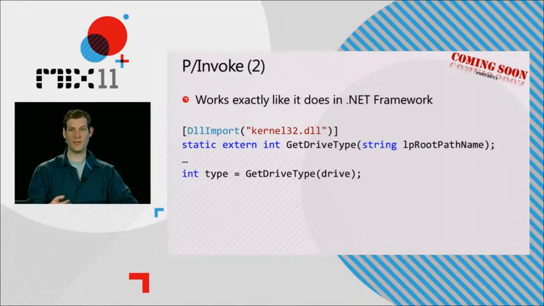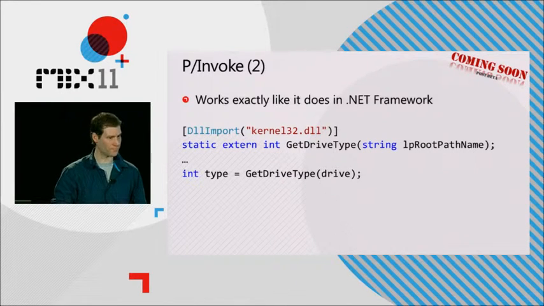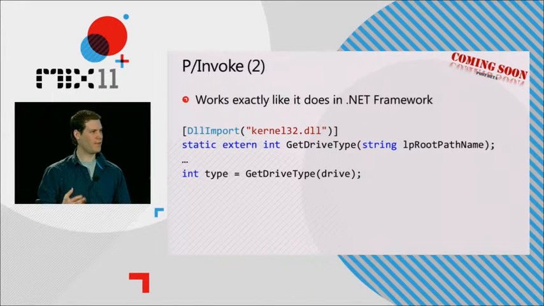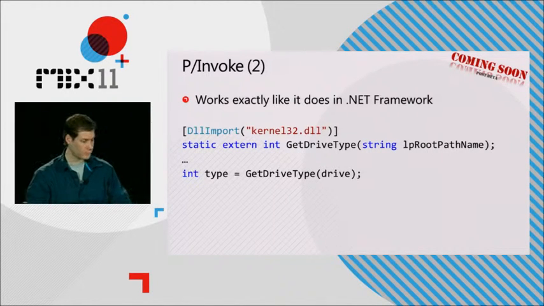And the CLR is smart enough to know that a managed code string maps to a character array in native code. It'll do the mapping and the marshalling and all that good stuff for you. So you set up this declaration once, and then from that point on, you just call it like a normal method. GetDriveType, pass in your string, it returns an integer, away you go.